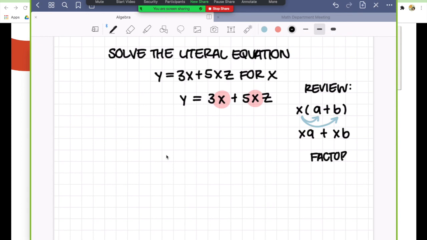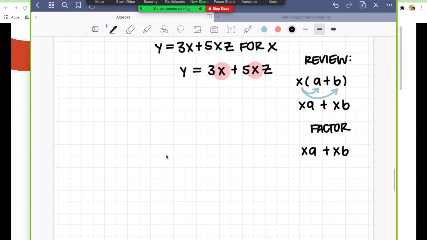So when I'm factoring, I'm usually given something like xa plus xb instead. Because they both have x in their expression, what I want to do is factor it out, leaving x parentheses a plus b.